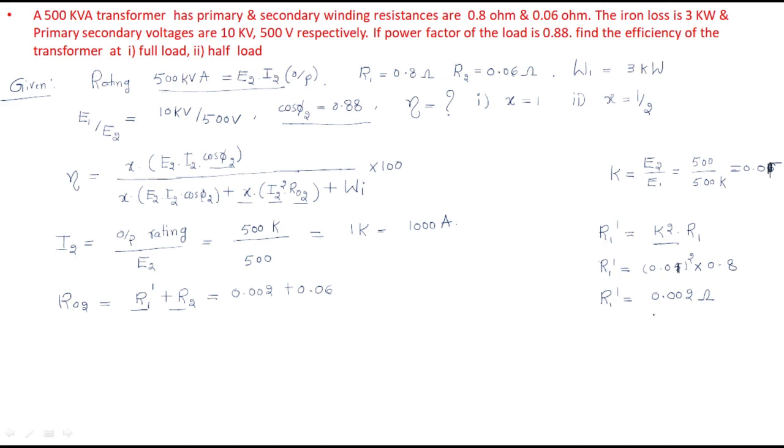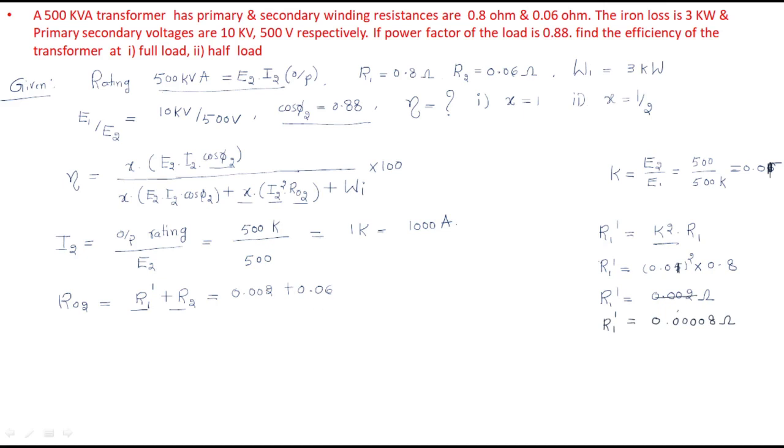By doing the calculation, this is wrong actually. That value is 0.00008 ohms. This is for R1 dash.